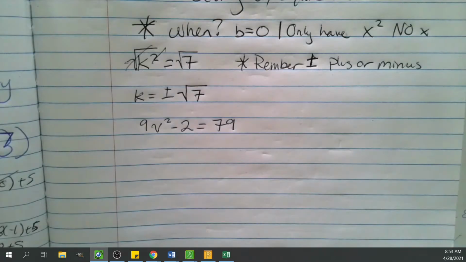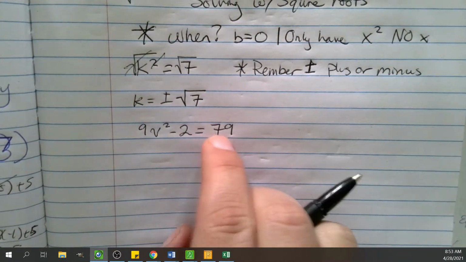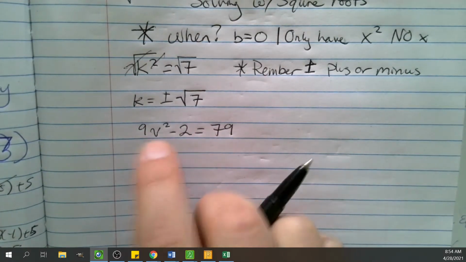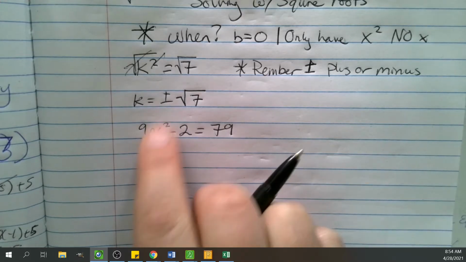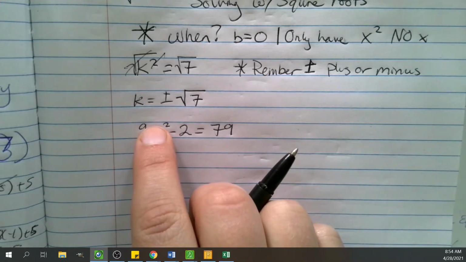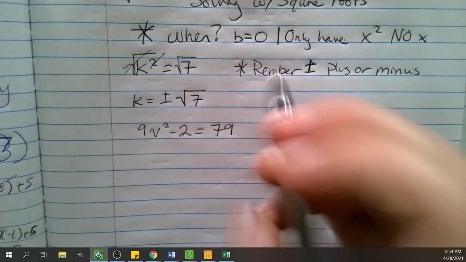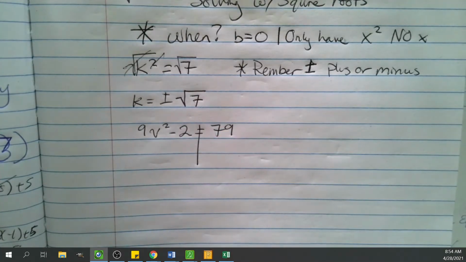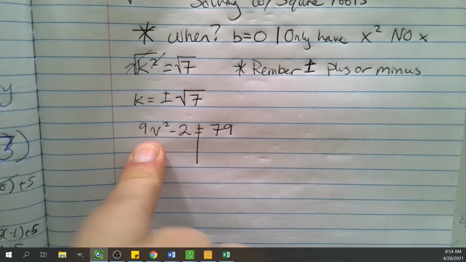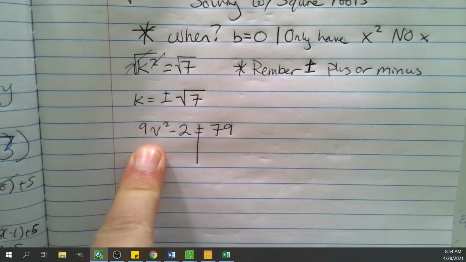Even though this has more numbers, do you see two groups of letters? You only have one group and it has a square. That is like ding, ding, ding, money. Just use your square root. I want to get that v squared alone. How can I do that?